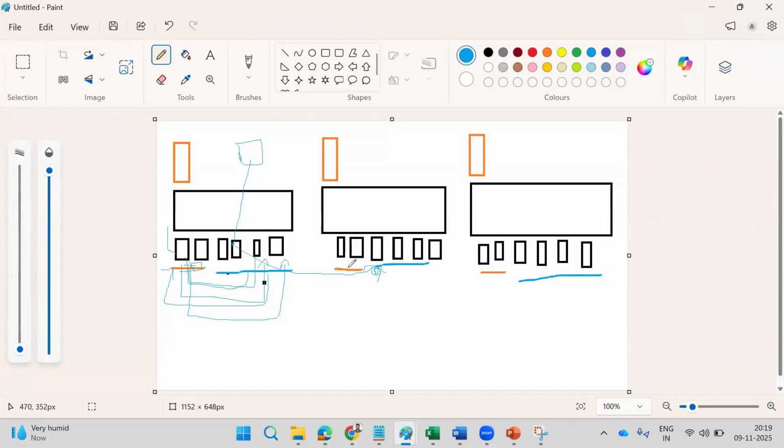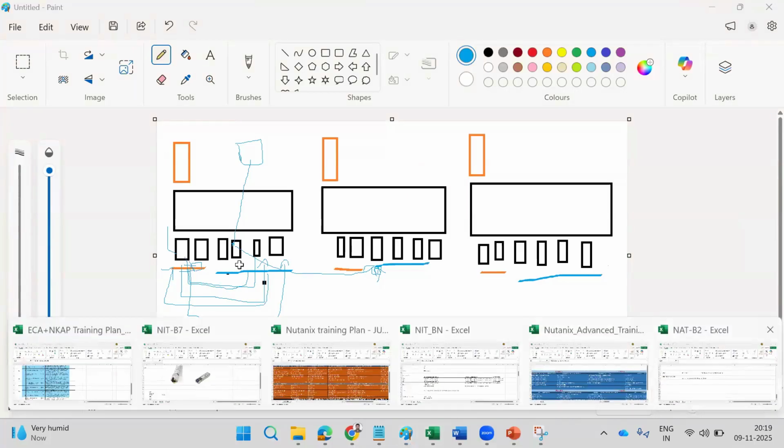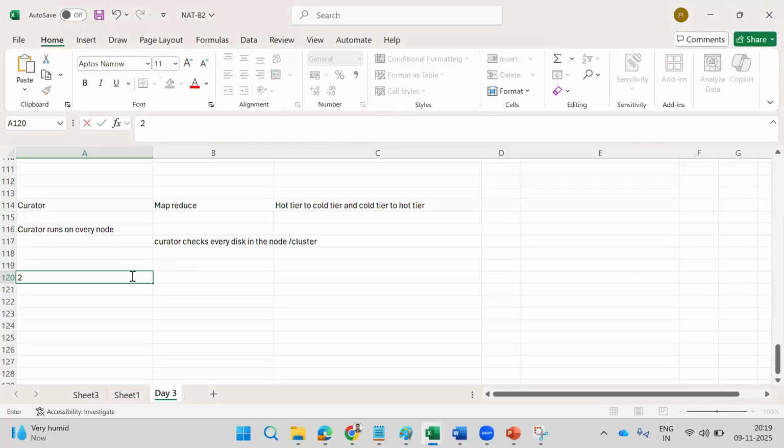Okay, so how does curator come to know whether the data is corrupted or one copy is missing, so that it needs to create one copy? How will the curator get to know that? So there are 2 scans. One is a full scan, and the other one is a partial scan.